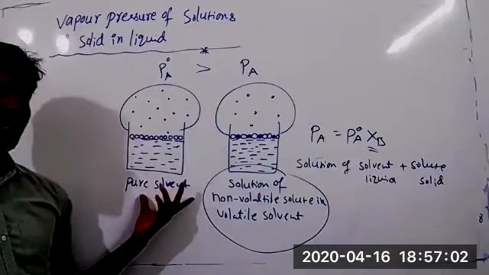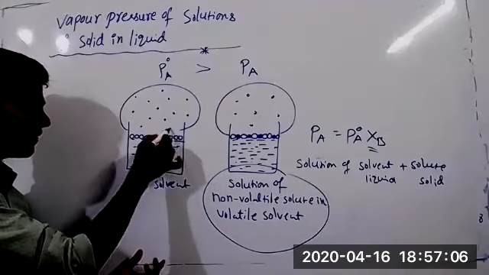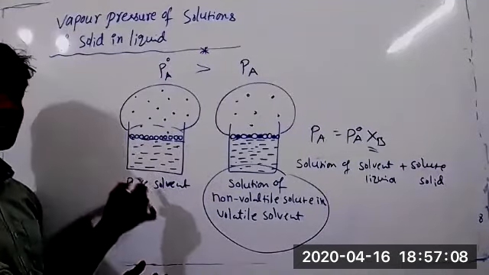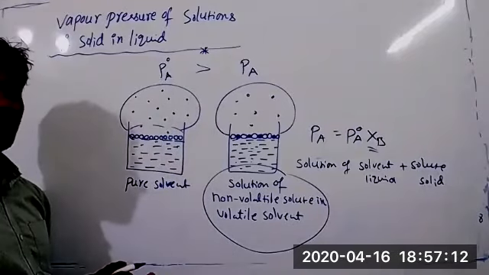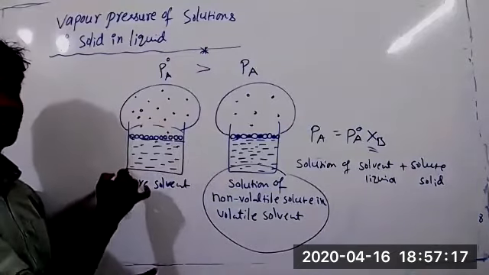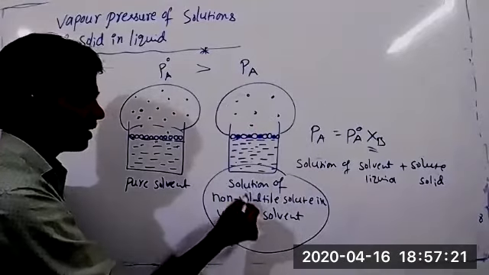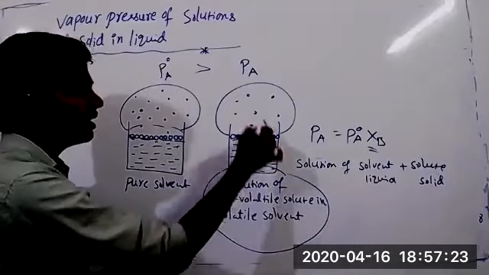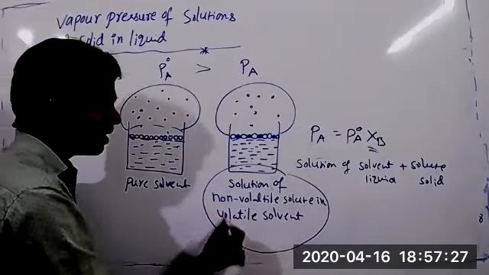See here, I am taking pure solvent. Here there is no solute. The surface is covered with only solvent particles. That's why the solvent particles easily escape, and here the vapor pressure is increased. And if you go for a solution, here adding some non-volatile solute, the partial pressure of the solution is affected by the non-volatile solute.